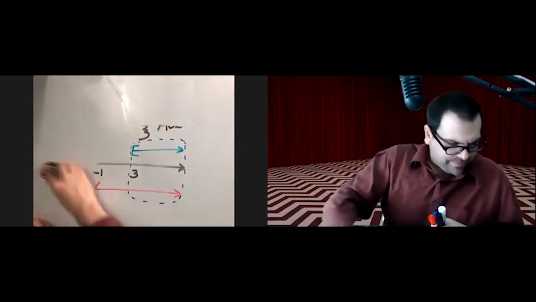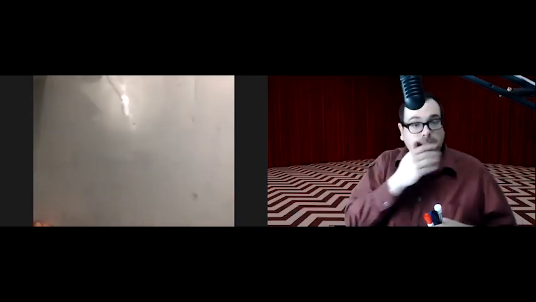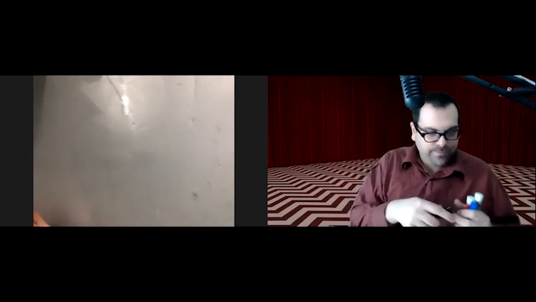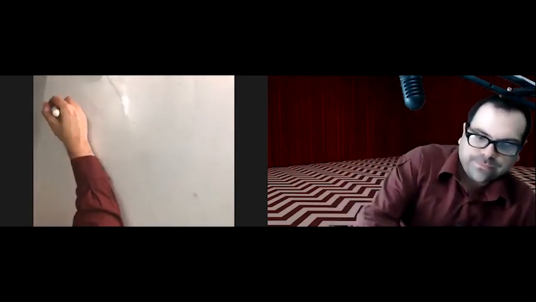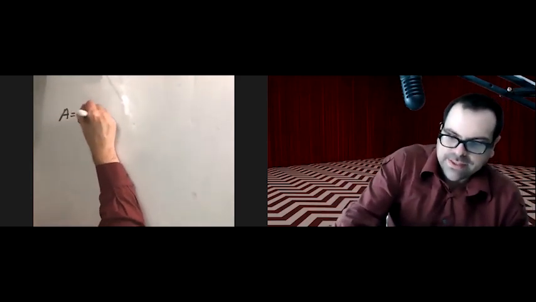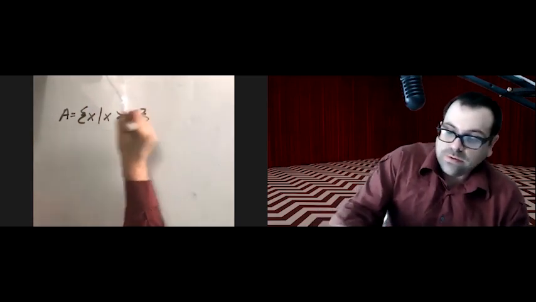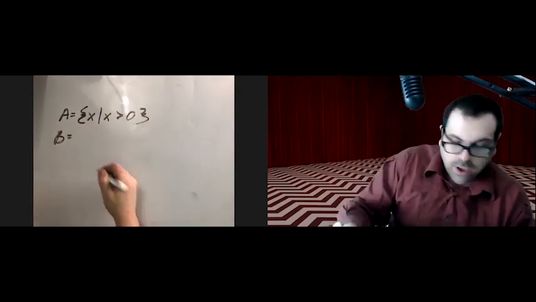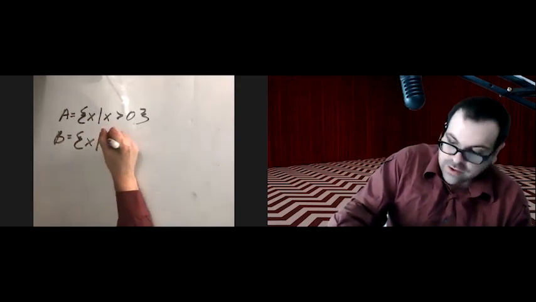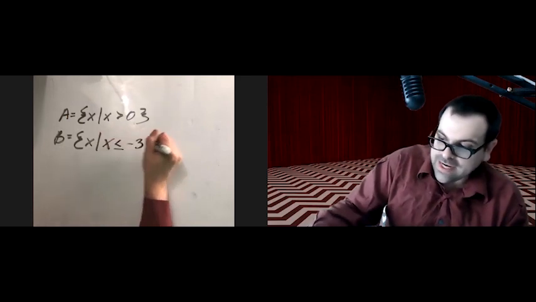New sets. A is going to be the set of all x such that x is greater than 0. B is going to be the set of all x such that x is less than or equal to -3.